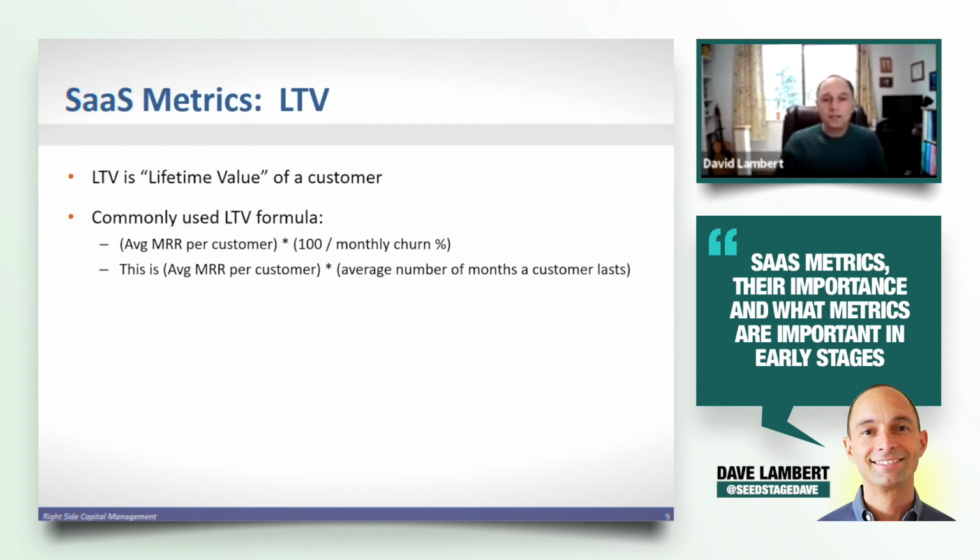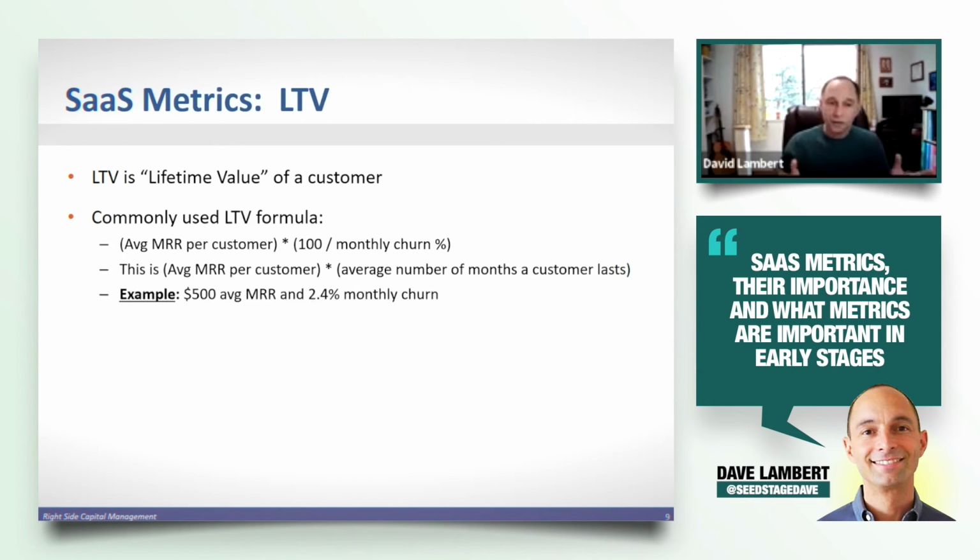What is 100 divided by your monthly churn? If you look at that second line, it's essentially the average number of months that a customer lasts. So if you take 100 and let's say you have 2% monthly churn, you divide 100 by 2, which means your average customer is lasting with you for 50 months. So you're basically taking your average MRR and multiplying it times 50. It's pretty simple. That's what you're doing.